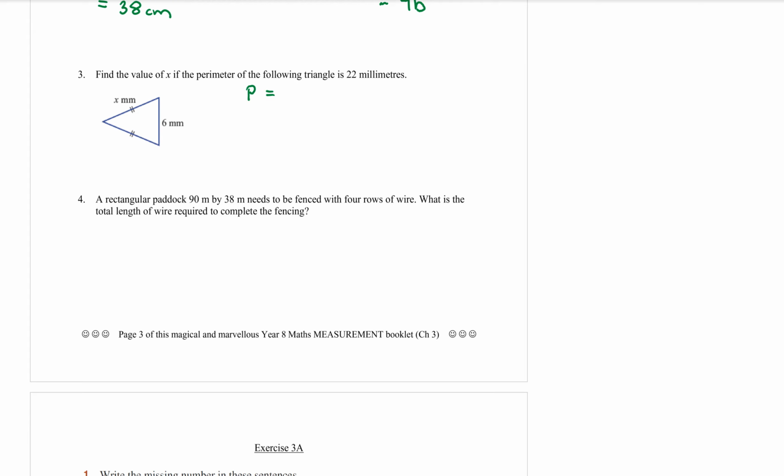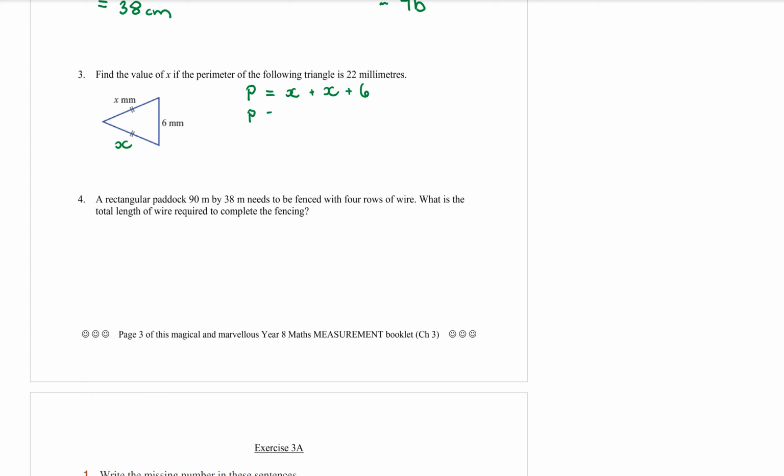Because there's these two little lines up here saying x millimeters there, when this one has two lines as well, this one must also be equal to x. So in this triangle, I've got x for one side, x for a second side, and 6 for the third side.